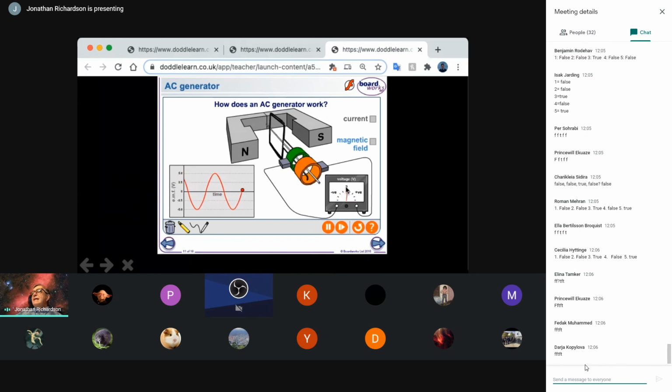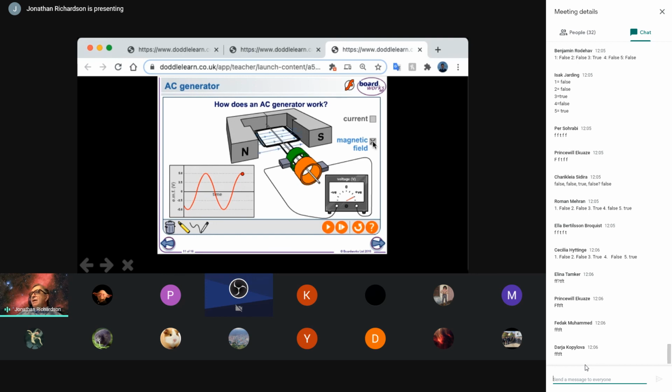What you can see in here, and I'll stop this at different points, is we've got to a point where, as we are moving this coil of wire through this magnetic field, at this point just here, this is moving at its maximum cutting rate through these horizontal field lines.